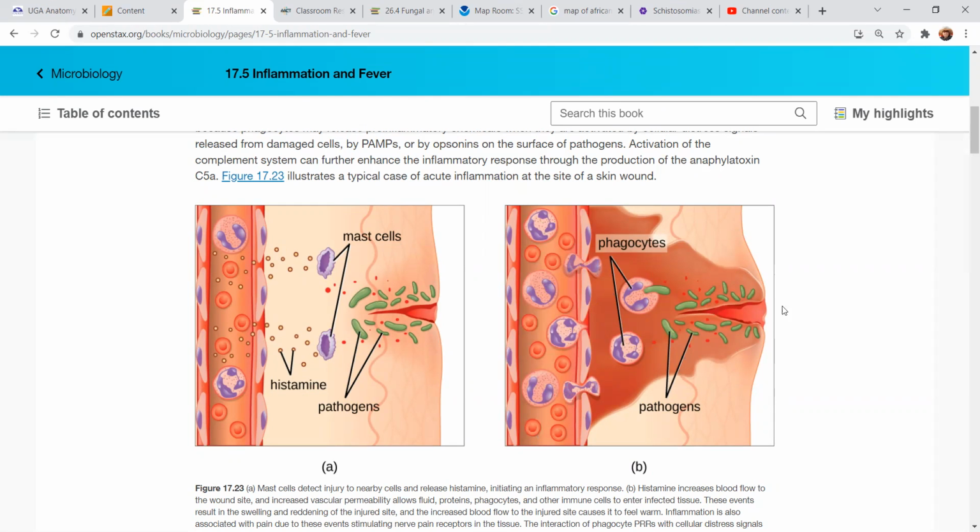And so the increased blood flow is going to make the area appear red because now the blood is closer to the surface. It's going to feel hot to the touch. Because our capillaries kind of become leaky here, this is going to cause the release of fluid also to the area, so we're going to get swelling. It's going to be painful because nerve endings are going to be triggered here. And then we could get a loss of function.